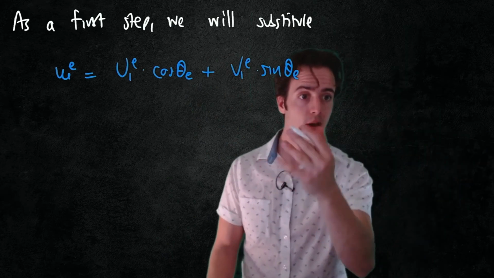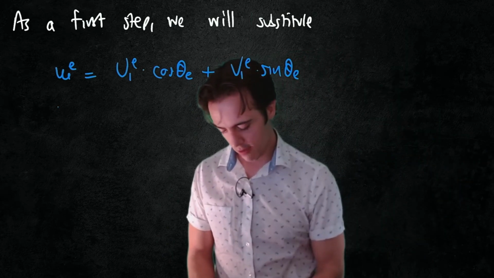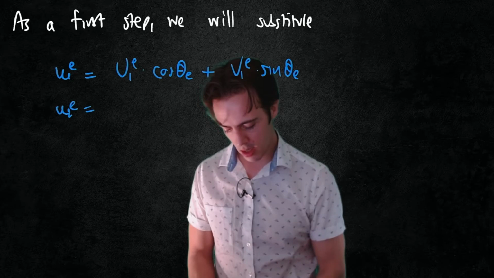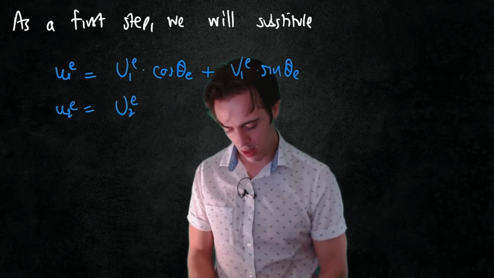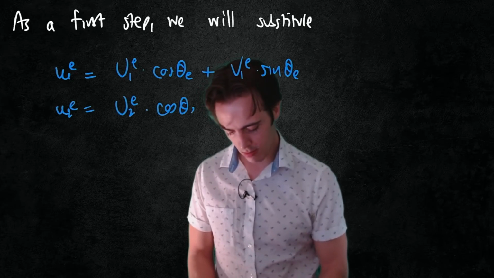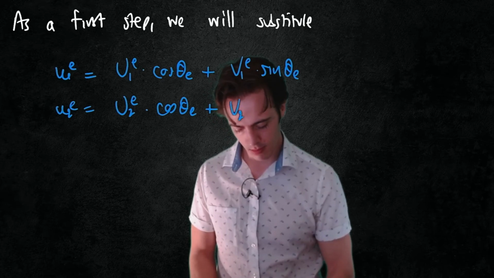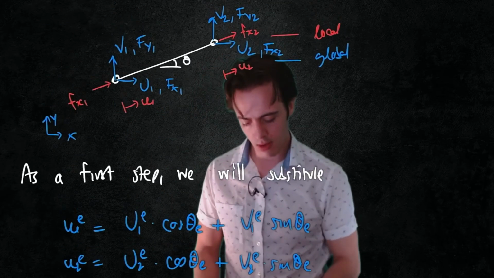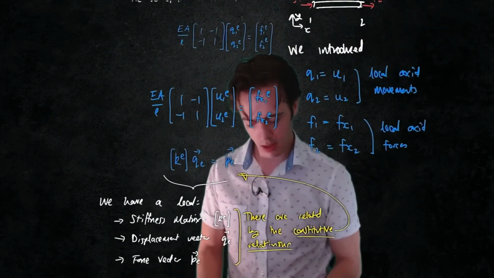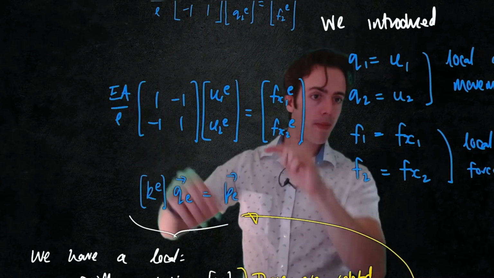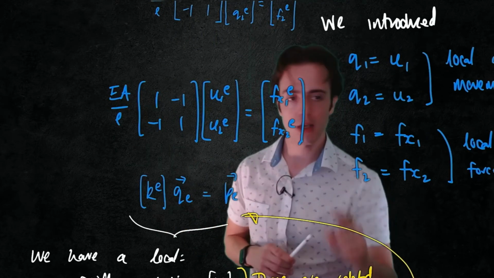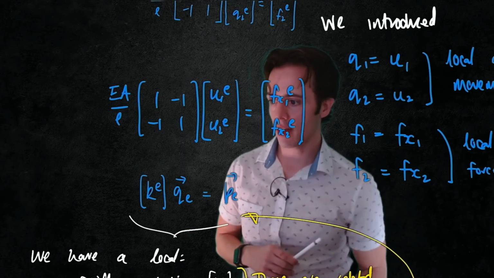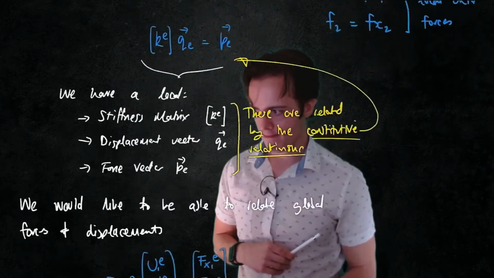We know this transformation, so we have this one. And very similarly, I can write u2e. So we're going to substitute that into our problem here. And we're just going to replace that on the left-hand side here, and we're then going to substitute that straight in. Okay?